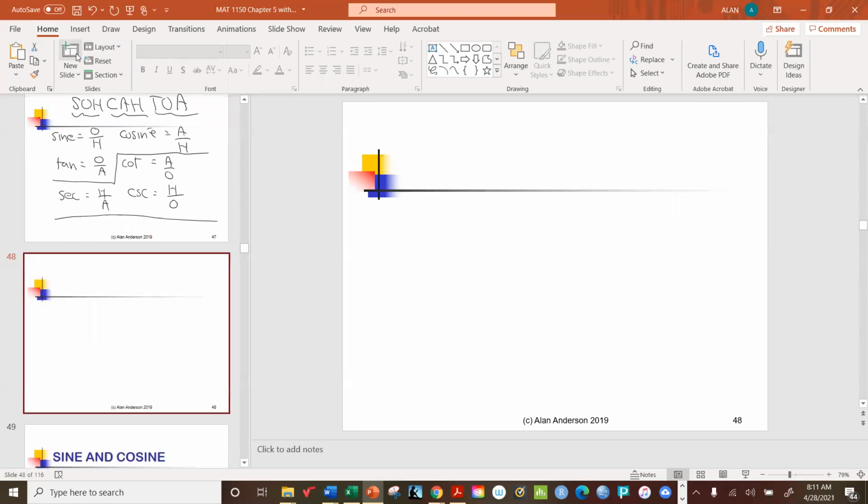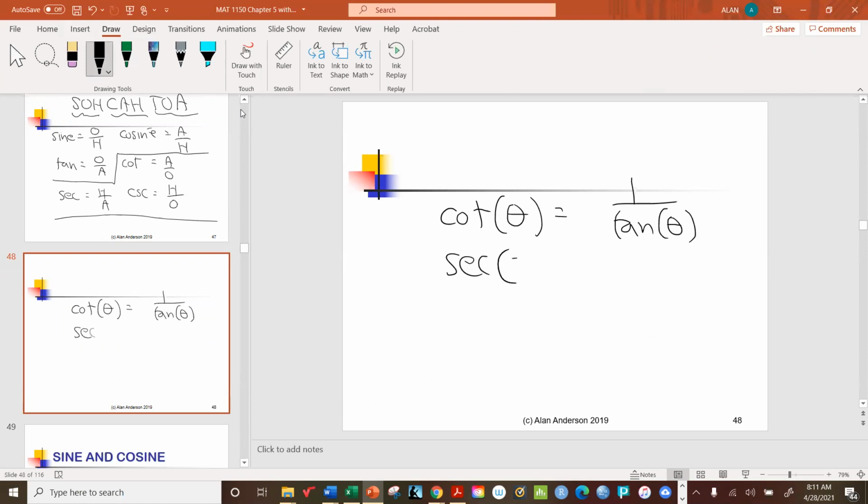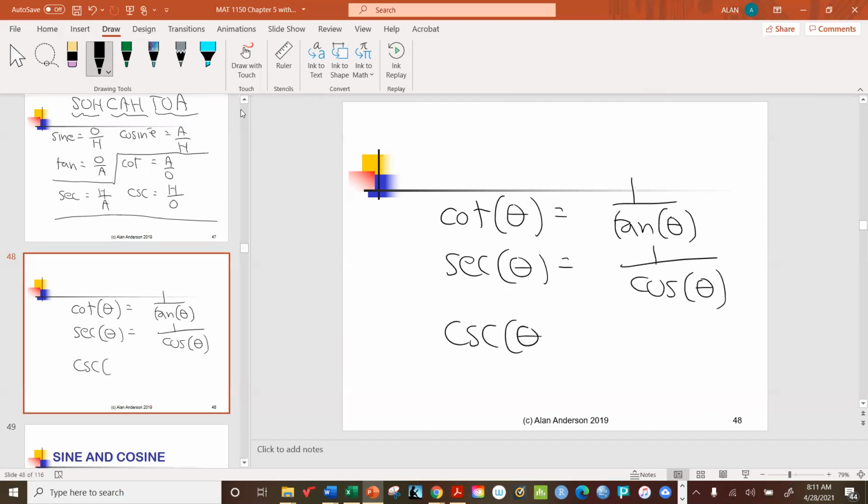And so just keep in mind, the cotangent of any angle, let me just write that as cotangent of theta, is just 1 over the tangent of theta. The secant of theta is 1 over the cosine of theta. And then finally, the cosecant of theta is 1 over the sine of theta.